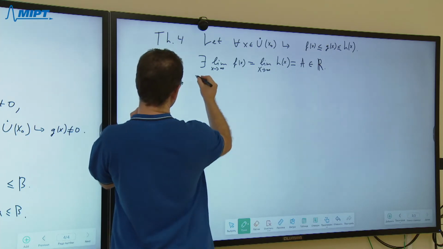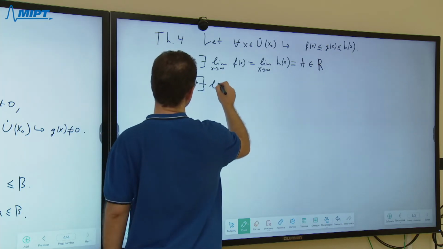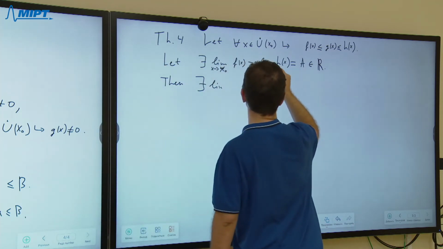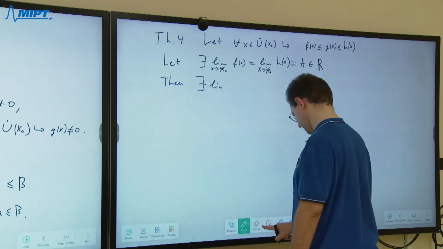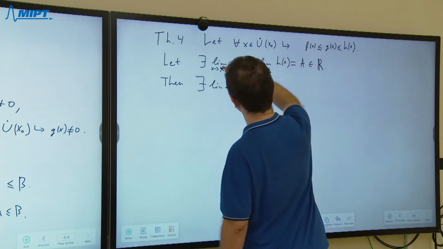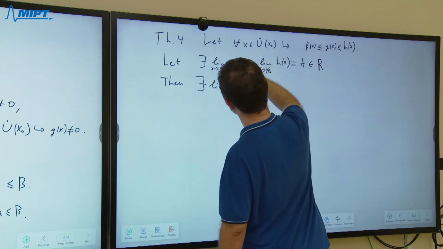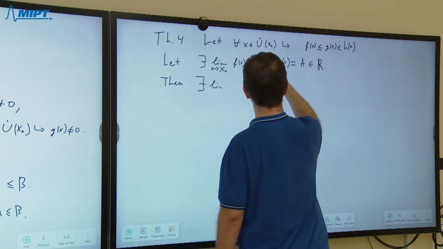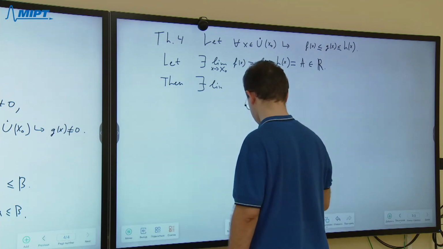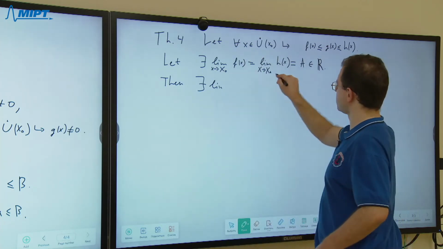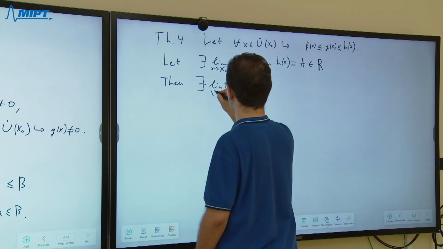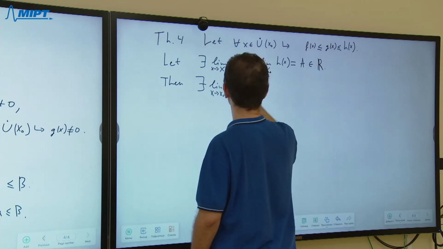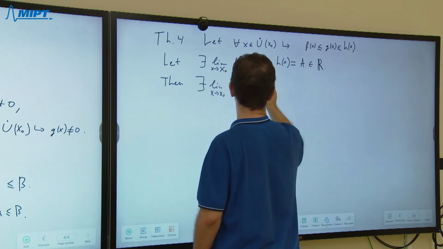Then there exists a limit as x tends to x0 of g of x, and this limit also equals a.